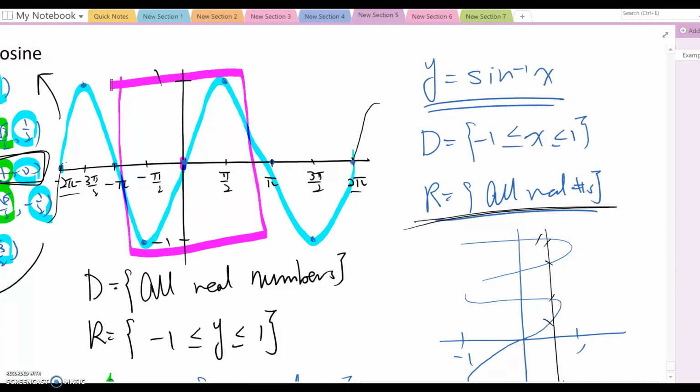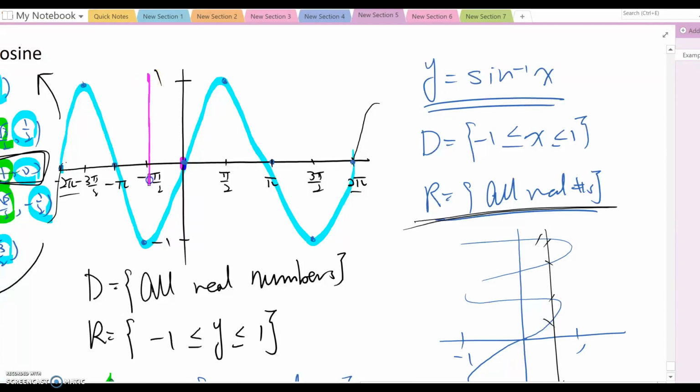Otherwise the values can continue, so we cannot say that. So we only take this range here, so that everything makes sense.